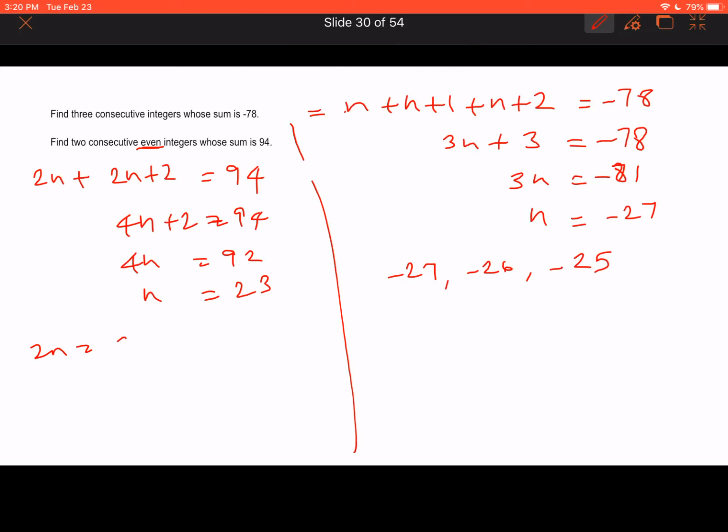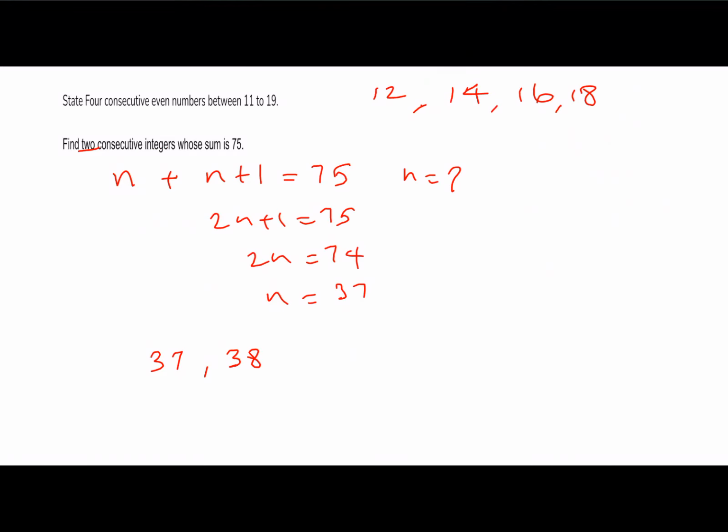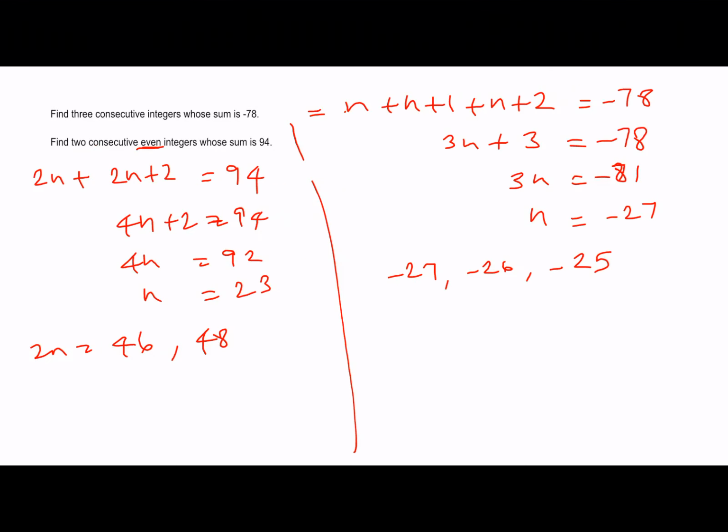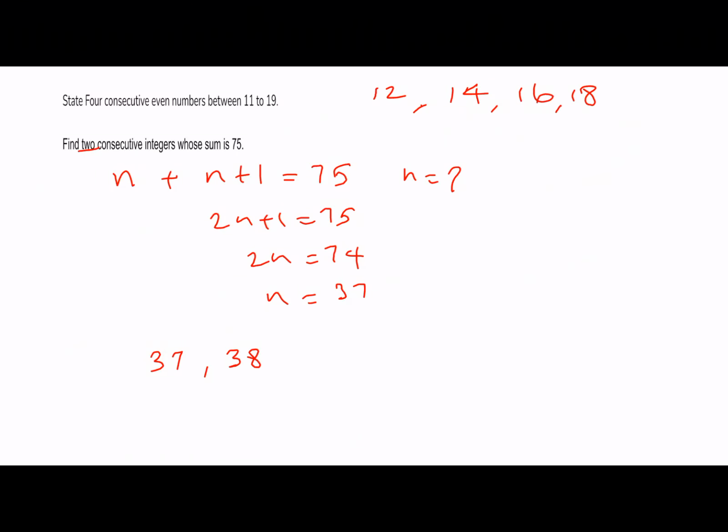So 2n is equal to 46. The next number is plus 2, so 48. 46 and 48 are the two numbers, and when added, they give 94. You can always check after getting the answers by adding them and finding out whether the sum is equivalent.